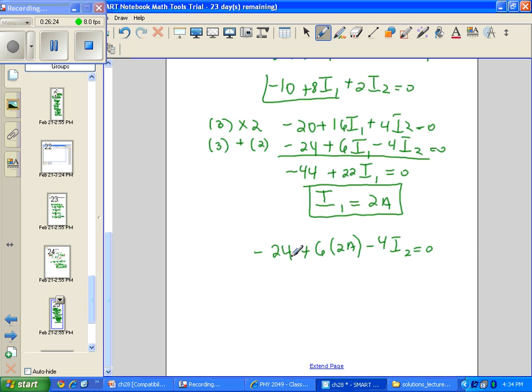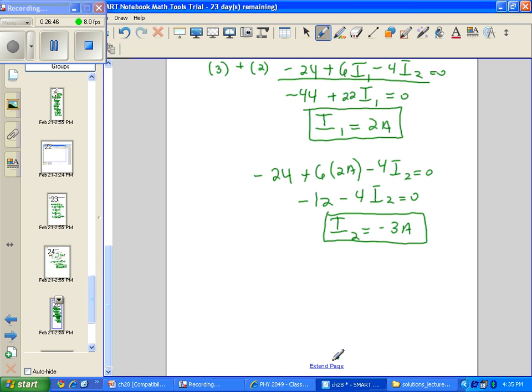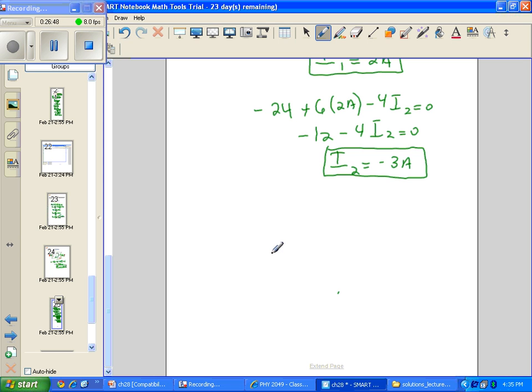Well, minus 24 volts plus 12 volts is minus 12 volts. Minus 4I2 equals 0, and I get a value of I2, which is equal to minus 3 amps.